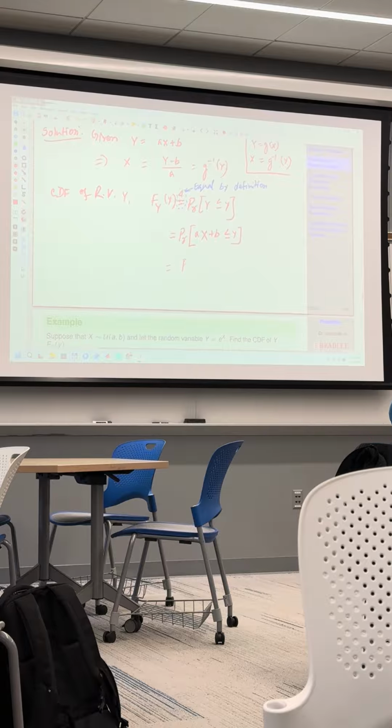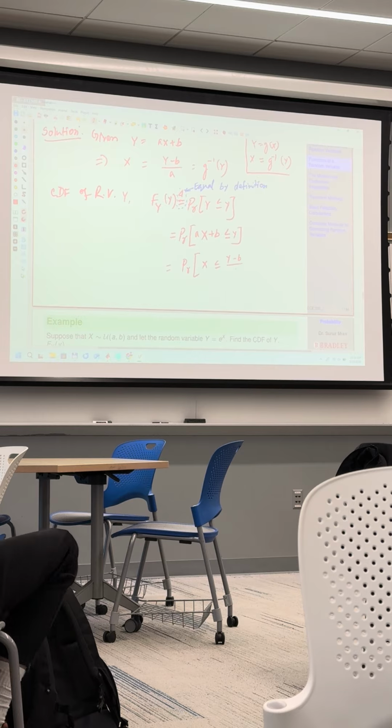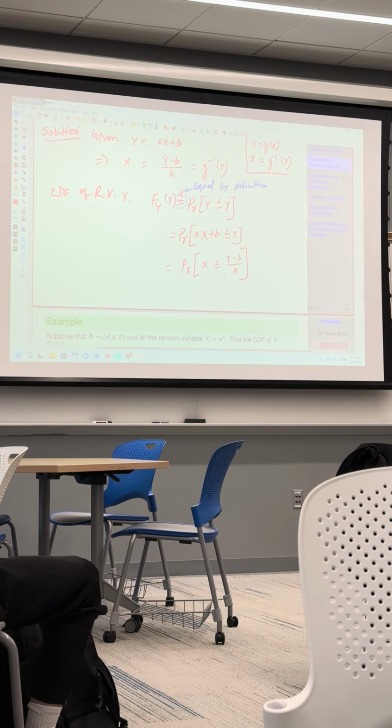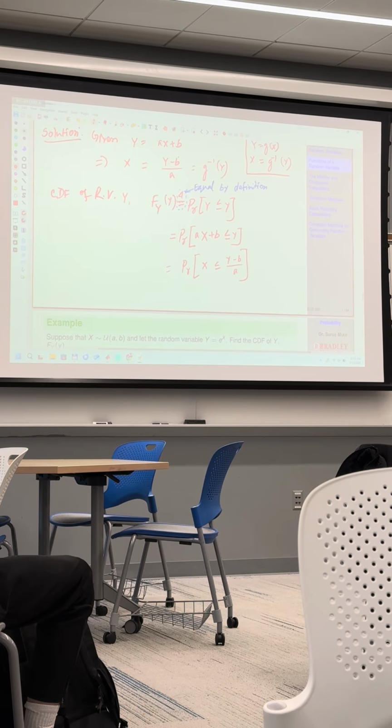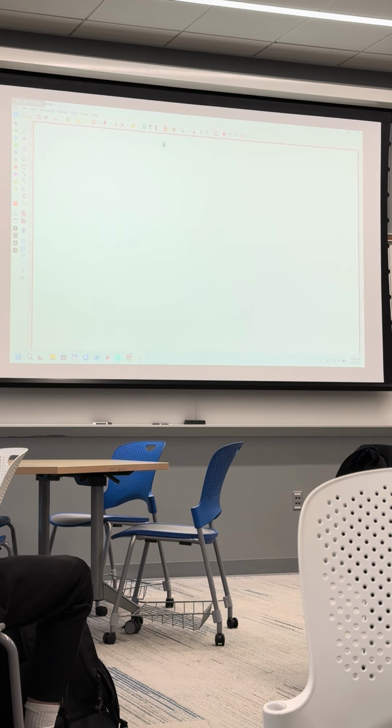Which is, I'm going to write, probability that x less than or equals lowercase y minus b over a. This is where the trick is. Okay.